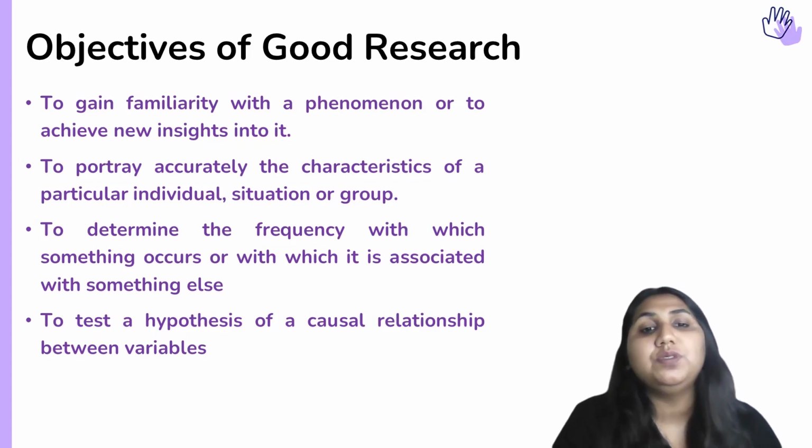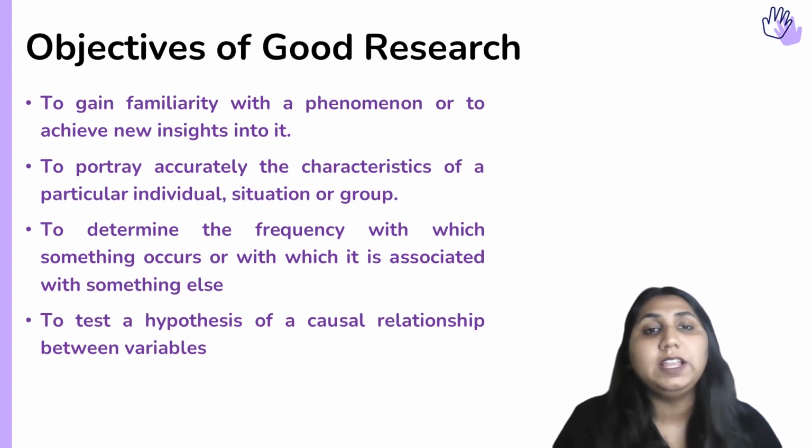Next is that if you want to test a hypothesis of a causal relationship between variables, these studies are also known as hypothesis testing research or experimental studies. In this you formulate a hypothetical assumption which is known as a hypothesis. Let me give you an example. You want to understand smoking and anxiousness, right?